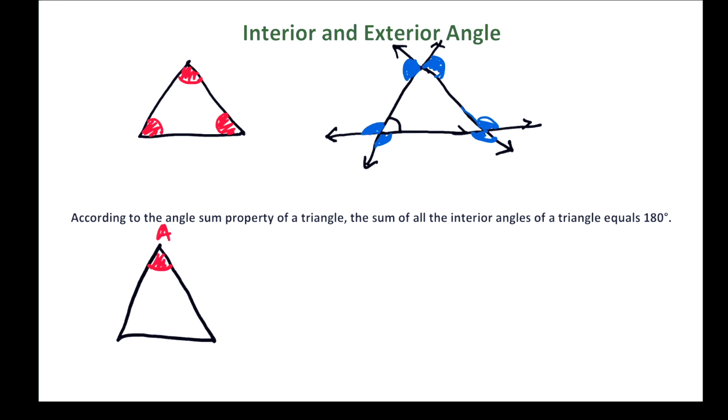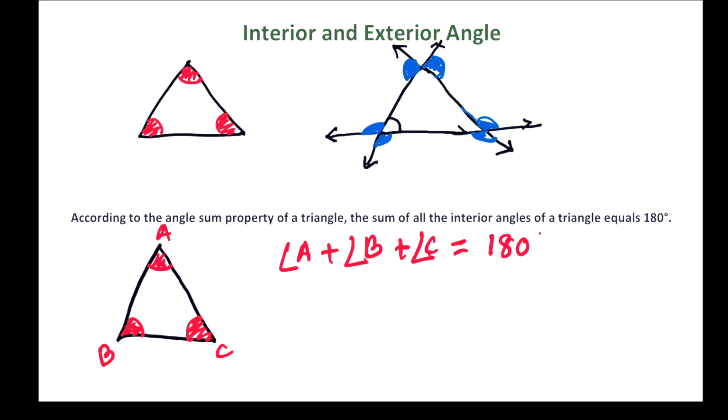This is A, B, C. This is B interior angle. This is C interior angle. So according to the angle sum property, angle A plus angle B plus angle C is equal to 180 degrees. So the sum of all interior angles of a triangle is equal to 180 degrees.